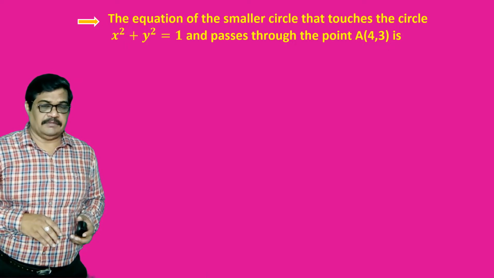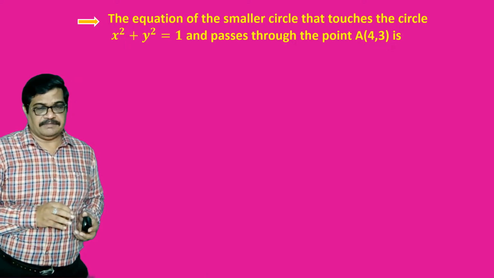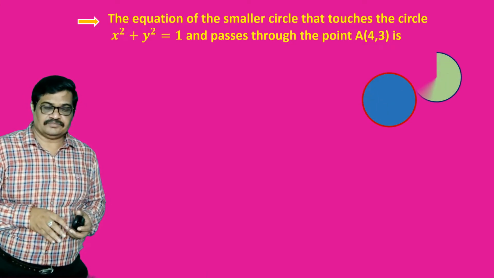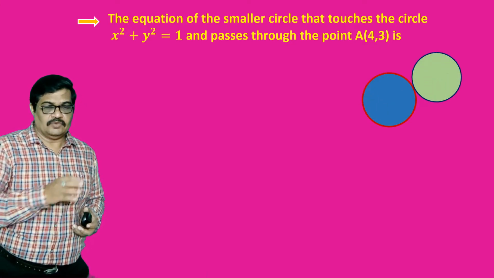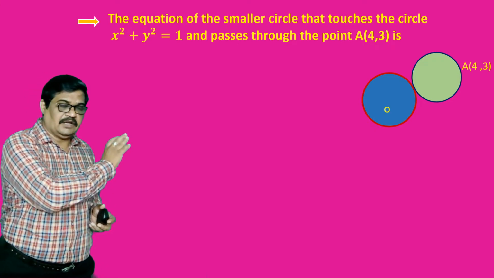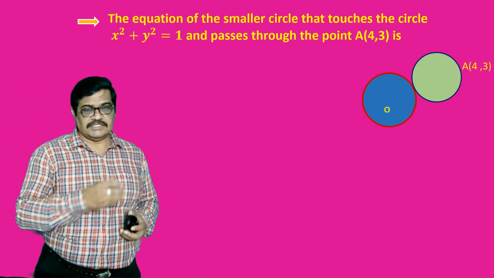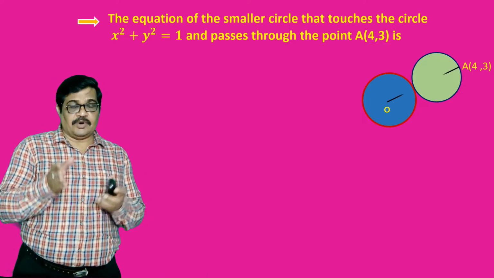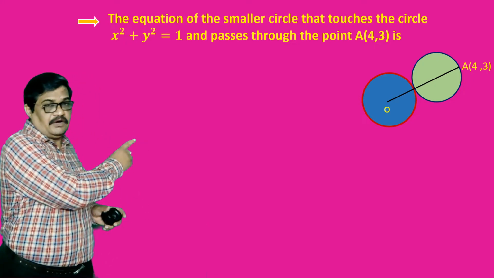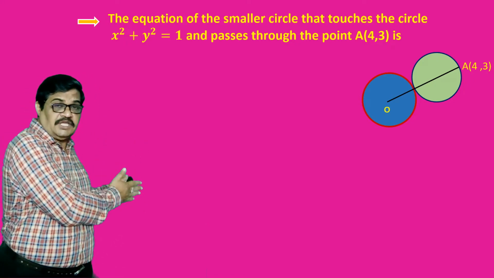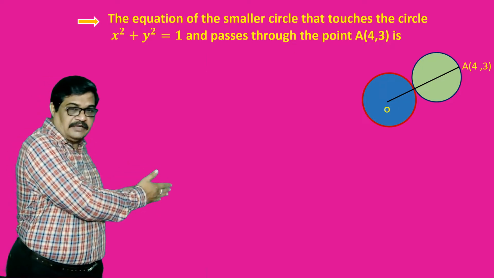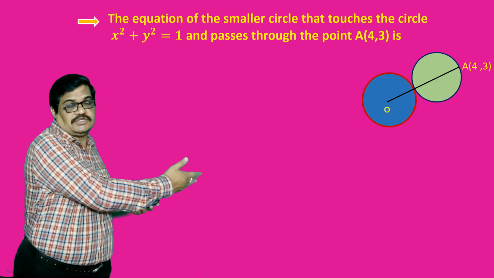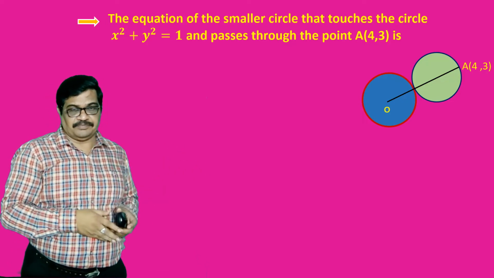See the diagram. This is the given circle and this is the required circle. O is the center of the circle x² + y² = 1, that is the origin, and the radius of the circle is 1. The required circle passes through the point A(4, 3) and touches the given circle. Look at this diagram: the required circle touches the given circle and passes through the point (4, 3).